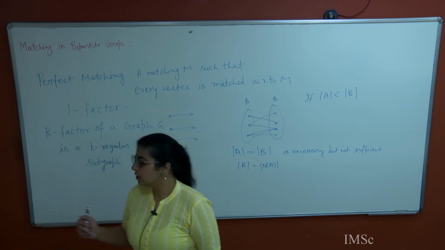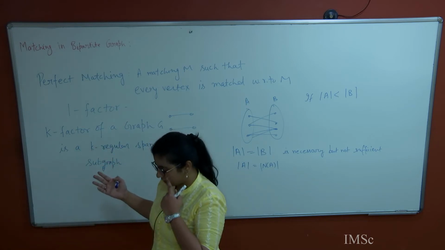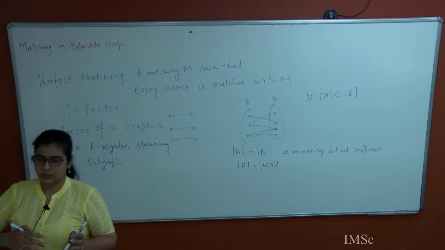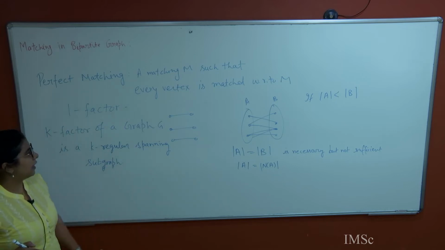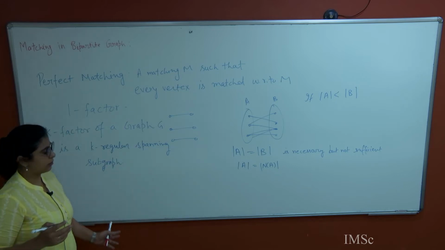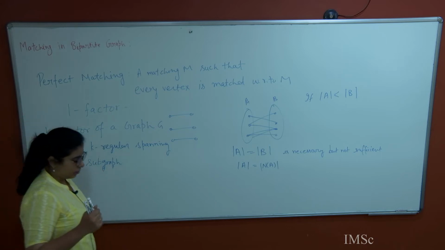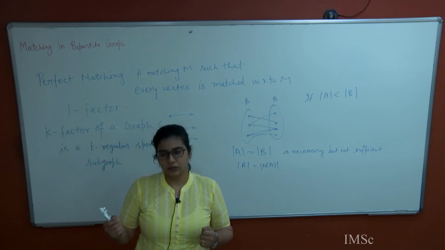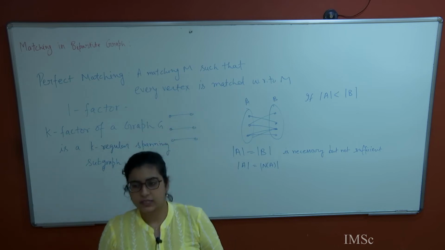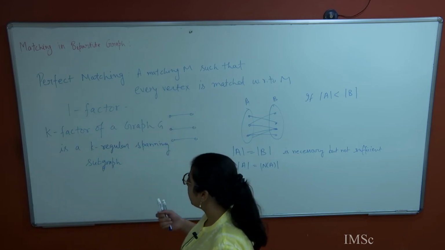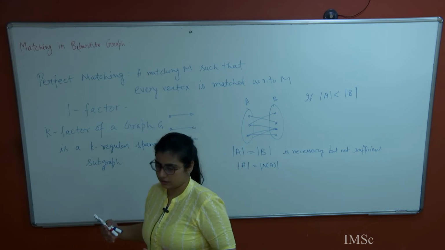Now this time we will discuss perfect matchings and Hall's theorem. So first start with perfect matching, which is a matching where every vertex is saturated by M. This is also known as a one factor.